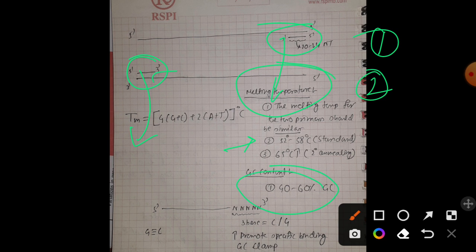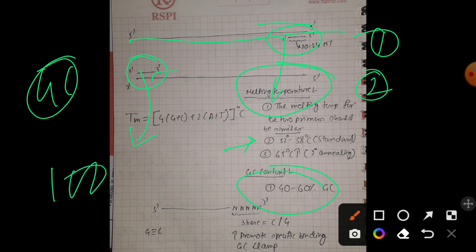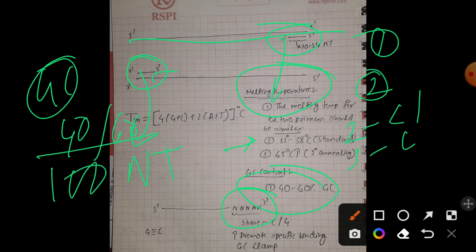GC content should be 40 to 60%, meaning the number of GC in the total primer in terms of percentage. If your nucleotides are 100, then out of 100 there should be 40 to 60 GC. And at the 3' end, please keep at least 2 C or G, or maximum 2 C or G.